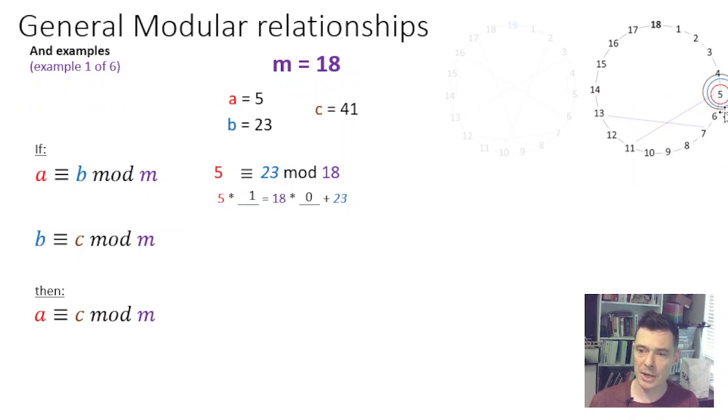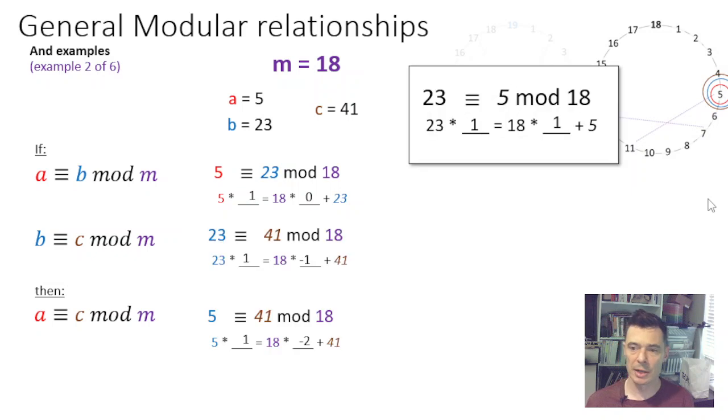Now if we know b is here, and b is congruent to c mod m, c is still going to land on this number. It's going to go around the circle of 18 more times, but it still ends up here. These equations probably look a little wonky.